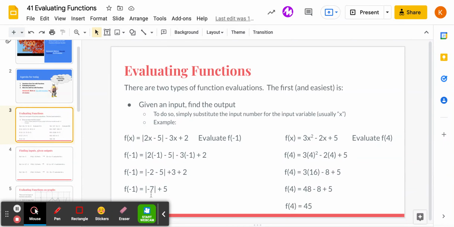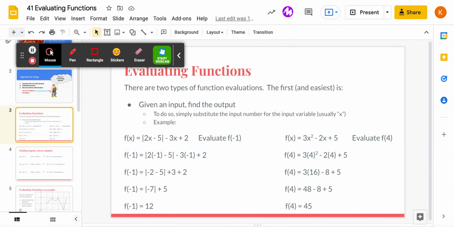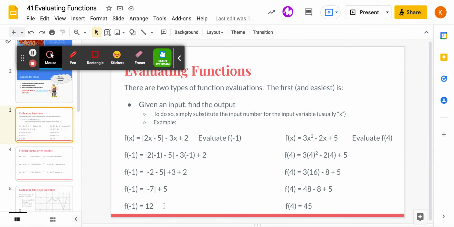The absolute value of -7 is 7, and if I add 5 to 7, I end up with 12. So it evaluates all the way to 12. That means when the input is -1, the output is 12. I would read this as f of -1 equals 12.